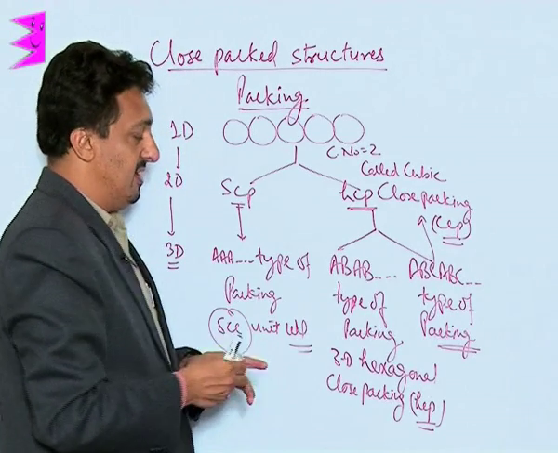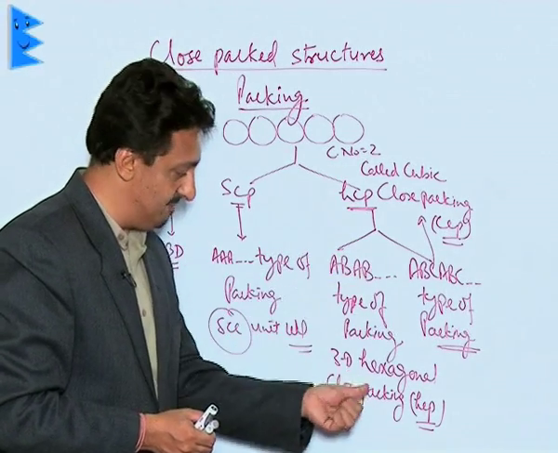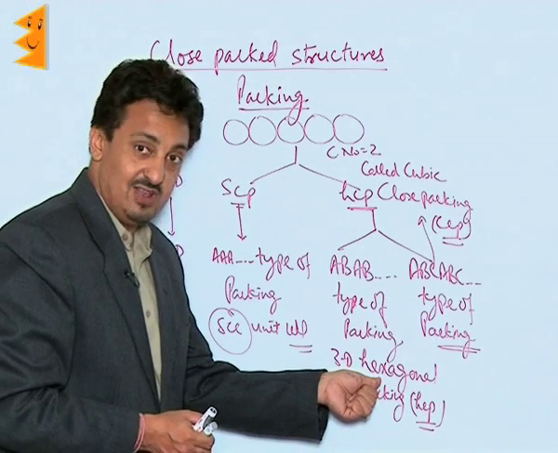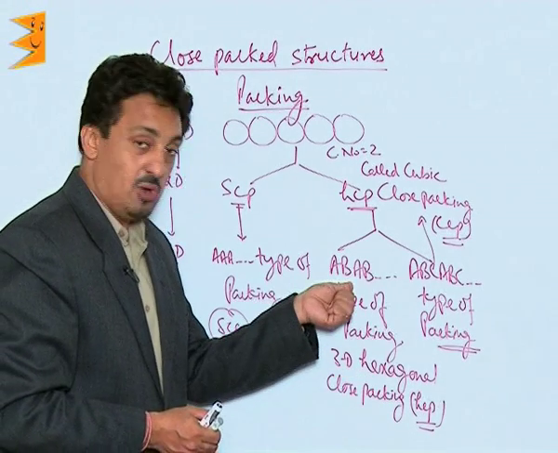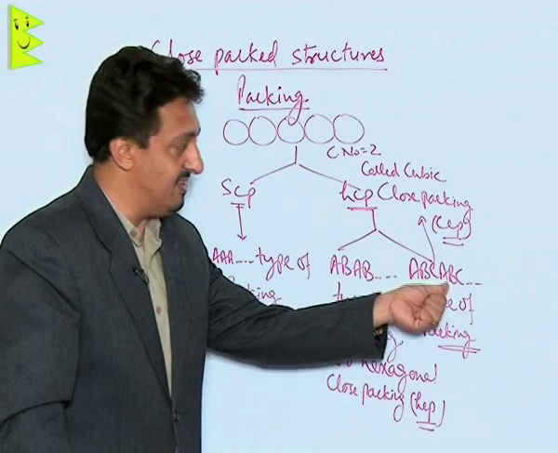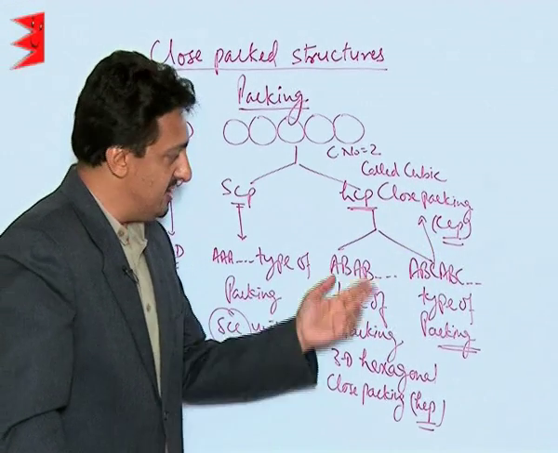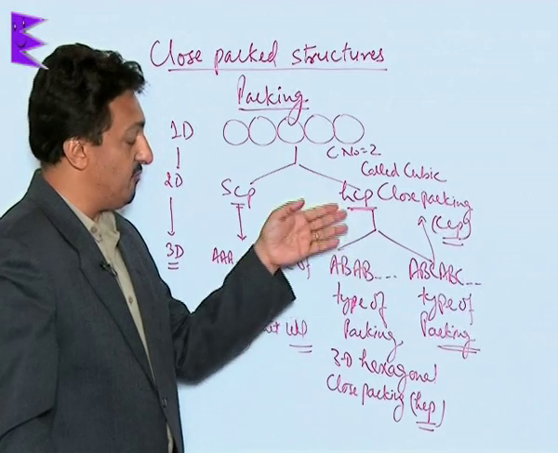So we have HCP turning into two types of packing in the three-dimensional system: three-dimensional HCP, which is also called AB type of packing, and three-dimensional ABC, which is also called cubic close packing or CCP packing.